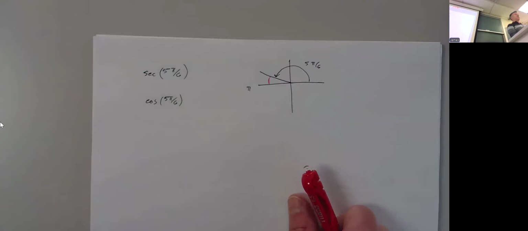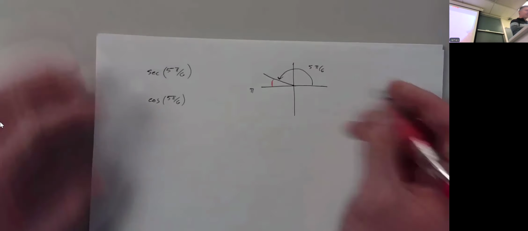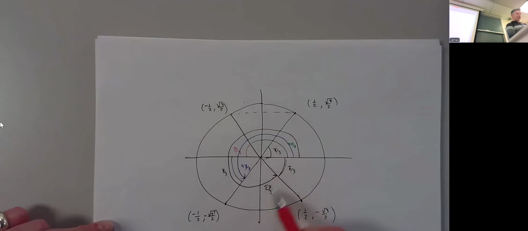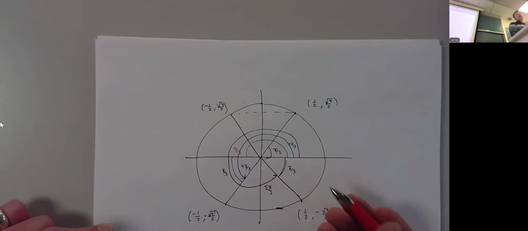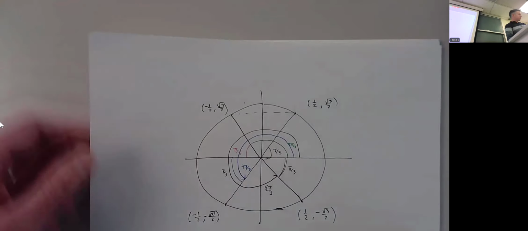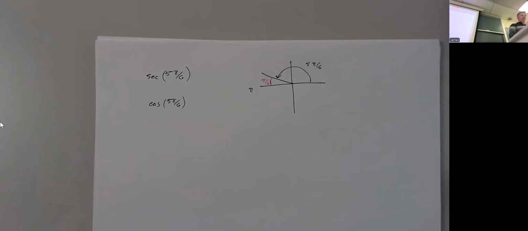So 5 pi over 6, the reference angle is pi over 6. 7 pi over 6, the reference angle is pi over 6. All those angles in the previous example, pi over 3, 2 pi over 3, 4 pi over 3, and 5 pi over 3, all have a reference angle of pi over 3. That is not a coincidence. It's kind of a feature of divisibility, but it's nice.